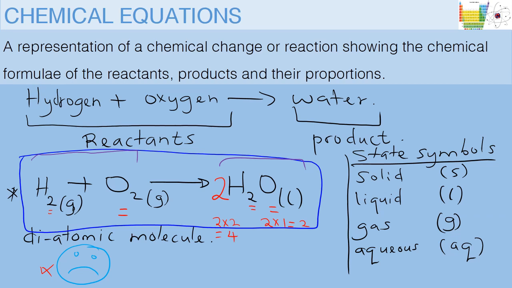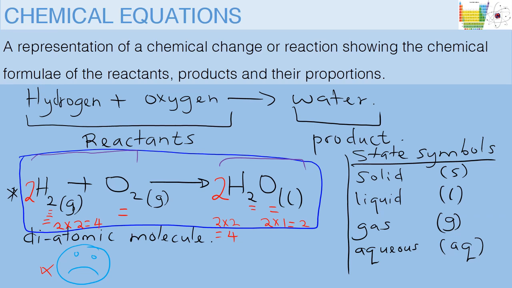Now we have 4 hydrogen atoms. For us to balance this equation, we need to make sure that the reactant side has 4 hydrogen atoms. We can achieve this by adding a 2 before hydrogen, and therefore we will have 2 times 2 hydrogen atoms to give us 4. So now we have 4 hydrogen atoms on the product side and the reactant side.